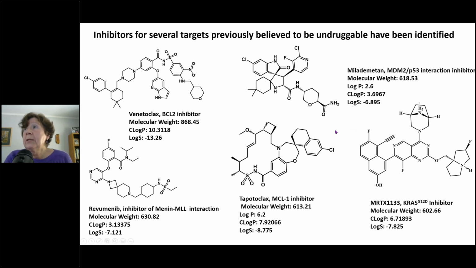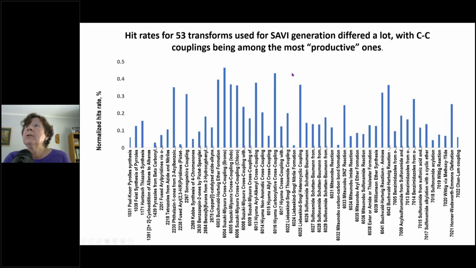The other striking result that we got was that hit rates for the 93 transforms used for SAVI generation differed a lot. The differences were more than an order of magnitude. The productivity of some of them was really low, while some were really high, which means that enumerating those probably doesn't make as much sense as enumerating the others.